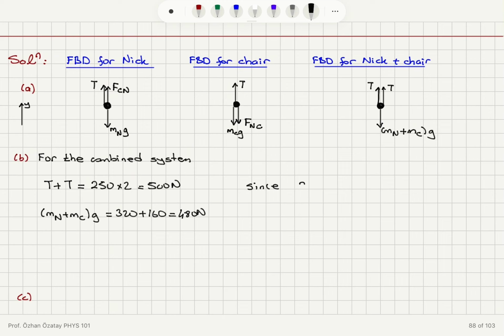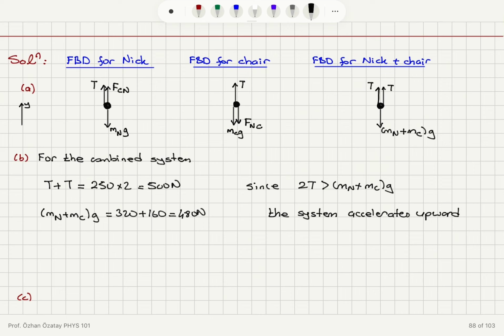Now I see that 2T pointing up is greater than mass of Nick plus mass of chair times g, the total weight pointing down. The system must be accelerating up because there is a net force pointing up. The system accelerates in the upward direction.